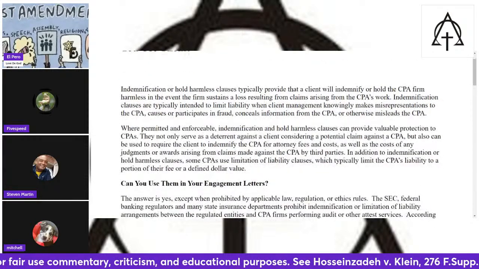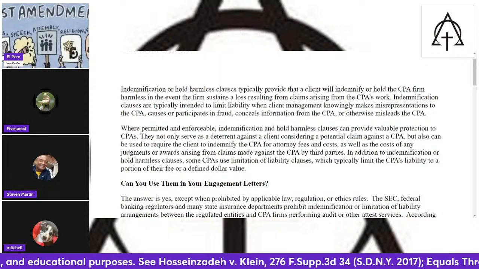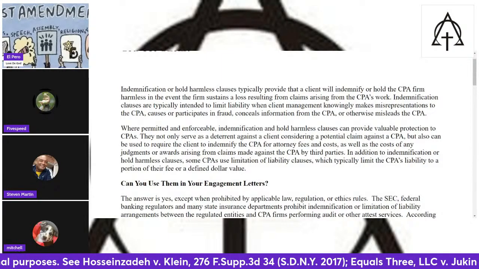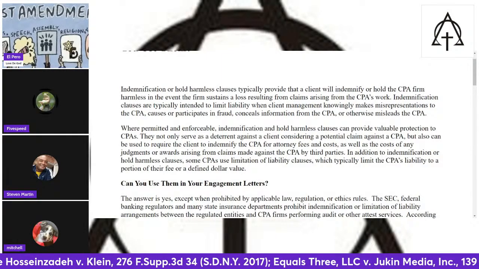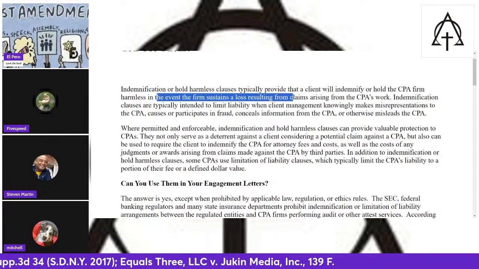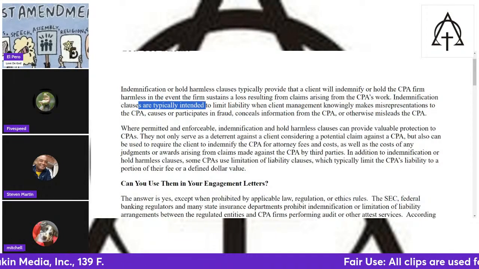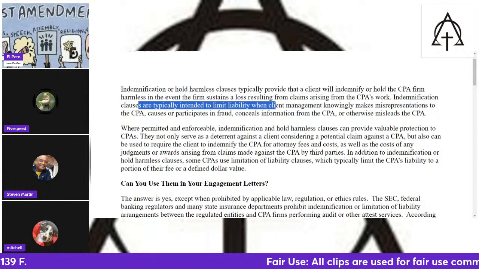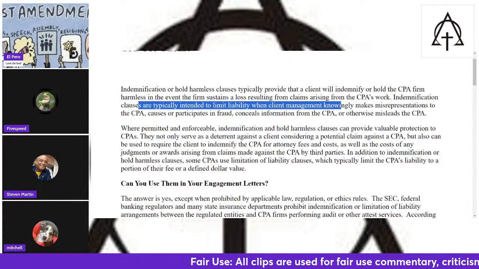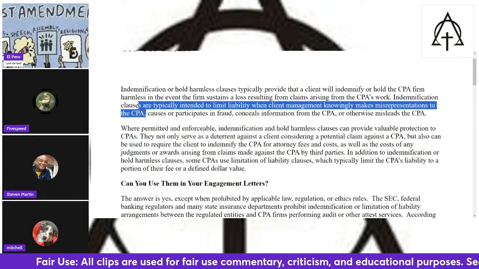Indemnification or hold harmless clauses typically provide that a client will indemnify or hold the CPA firm harmless in the event the firm sustains a loss resulting from claims arising from the CPA's work. Indemnification clauses are typically intended to limit liability when client management knowingly makes misrepresentations to the CPA.